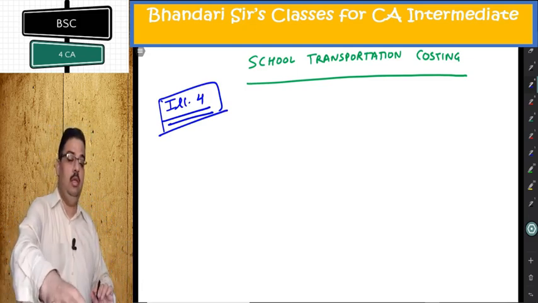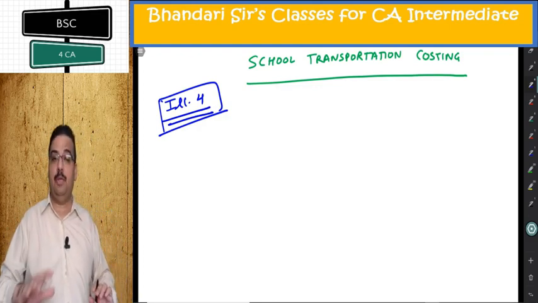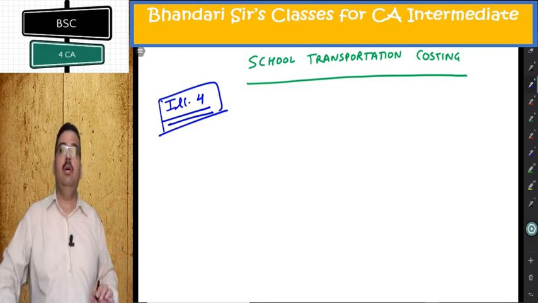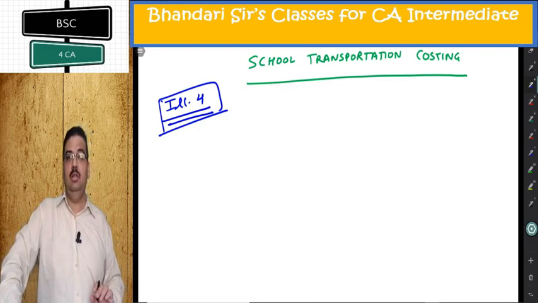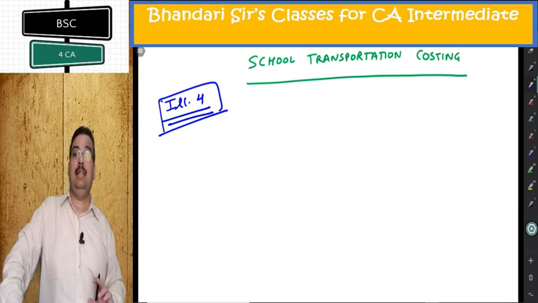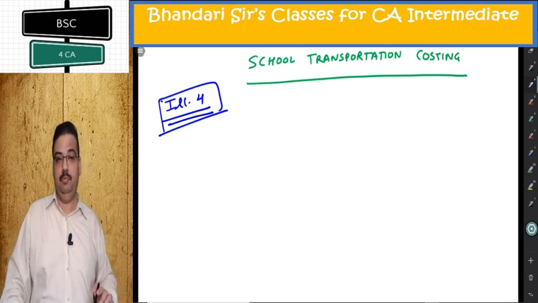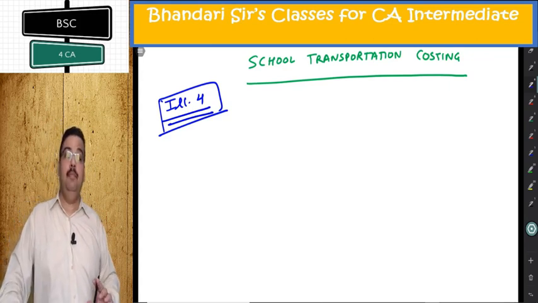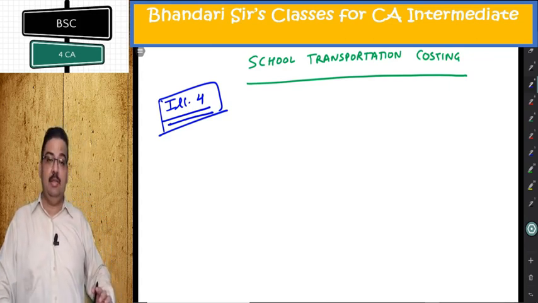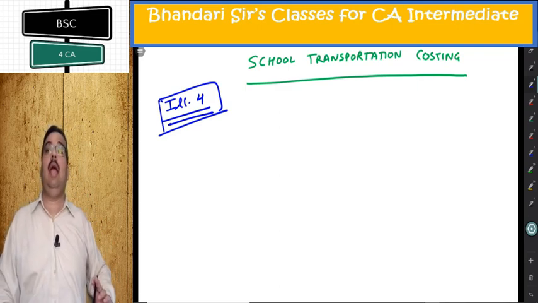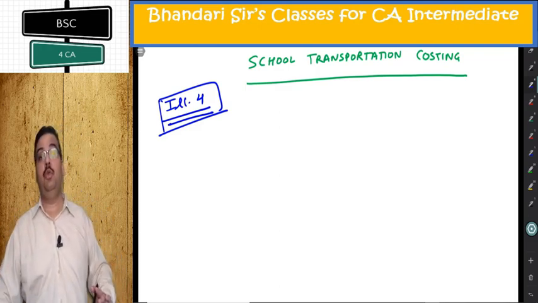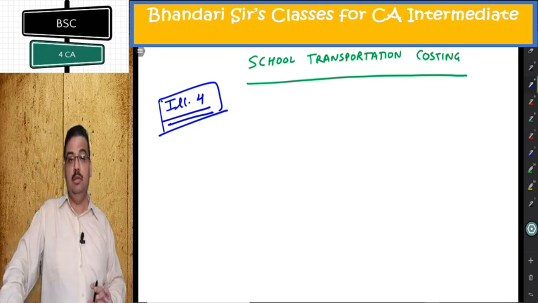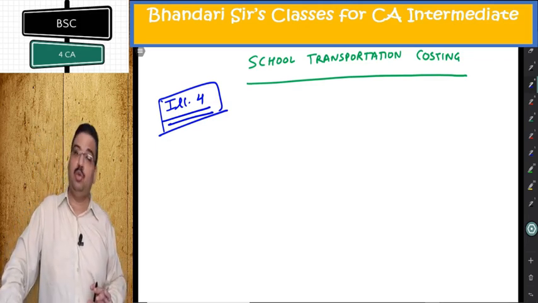Now, school transportation is also passenger costing, but the difference is the passengers there, that is our kids, don't have to buy tickets in every trip. For them, the payment is made by parents on a monthly, quarterly or annual basis to the school along with the school fees. So we need to determine how much charge should be paid by one student for one particular period to the school.